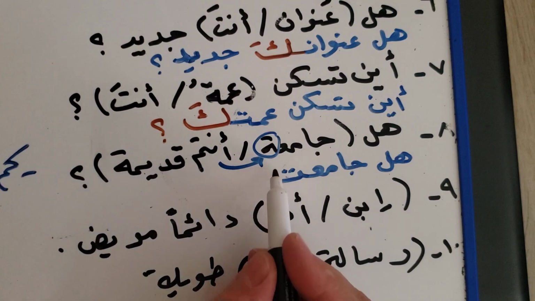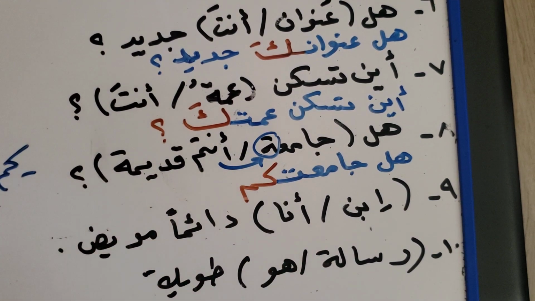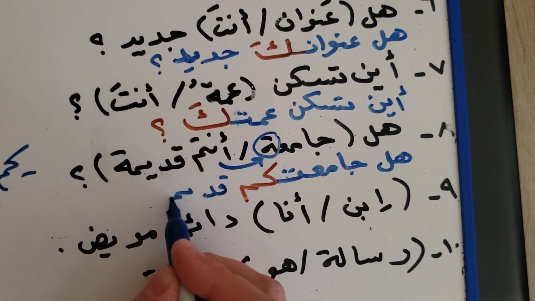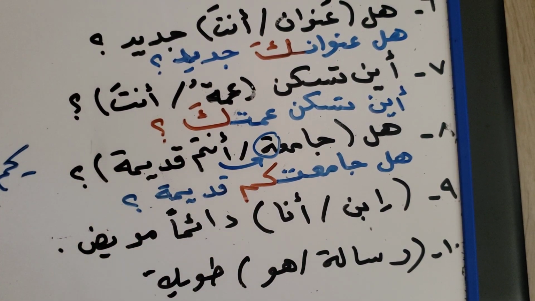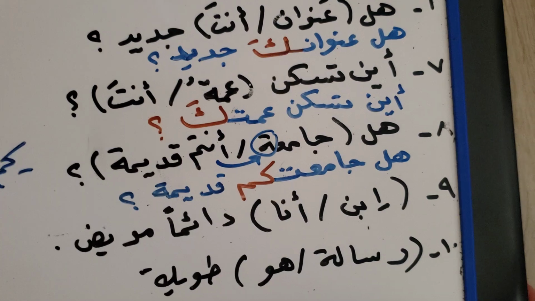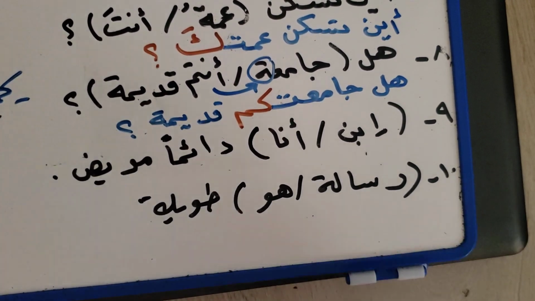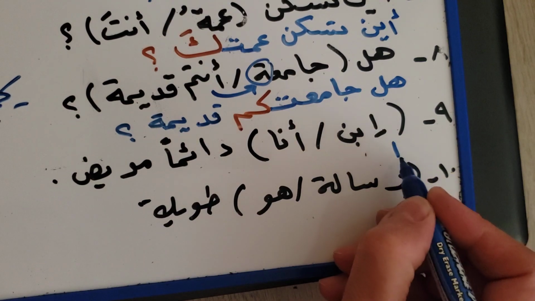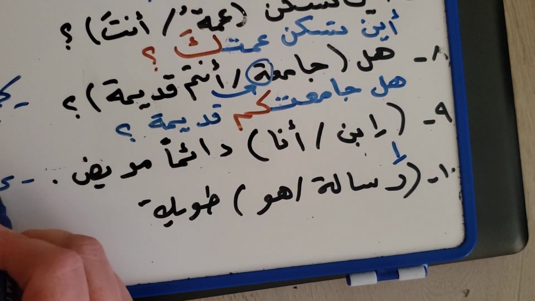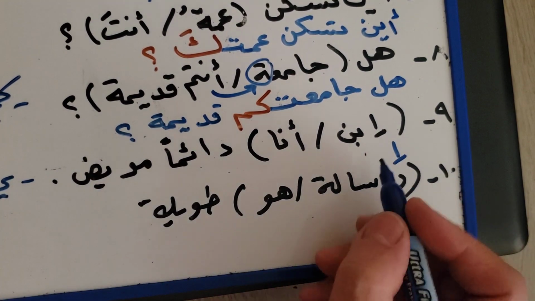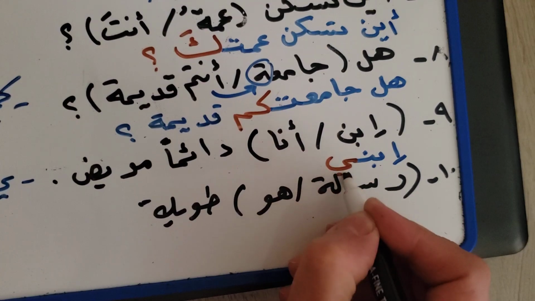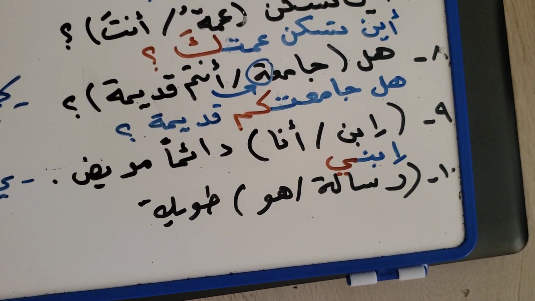Okay, هل جامعتكم قديمة? Is your university old? Okay, ابن أنا دائما مريض. So my son is always sick. ابن أنا. So I say ابني, remember the ي, we have to add the ي. So ابن, and then you add the possessive pronoun ي, ابني دائما مريض.